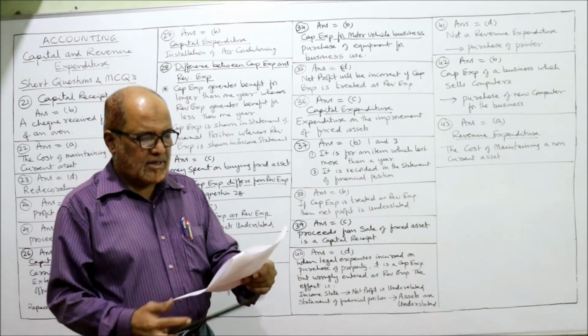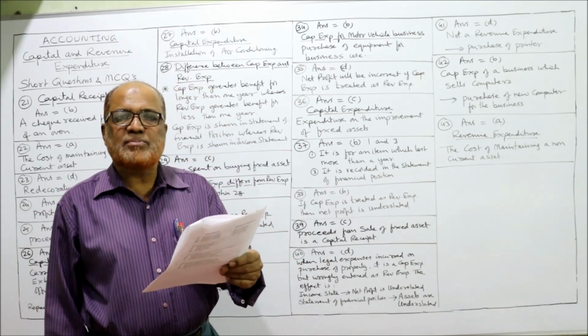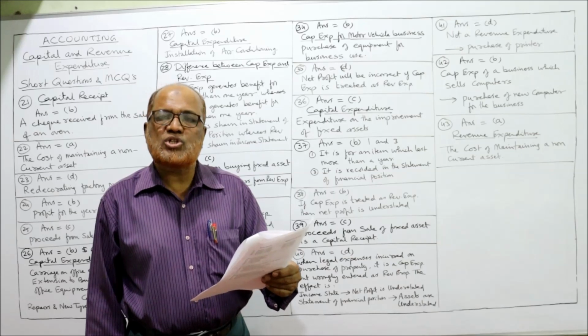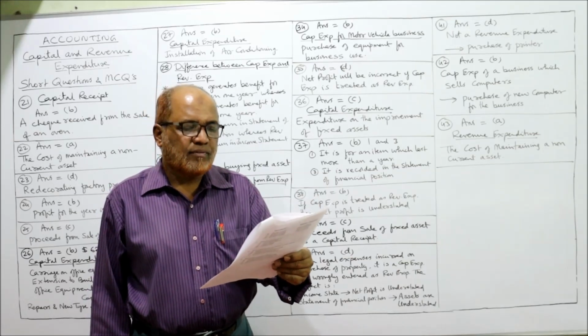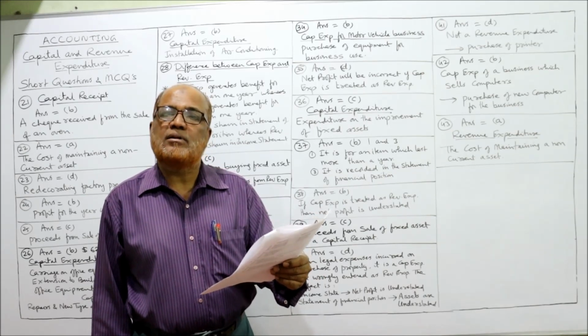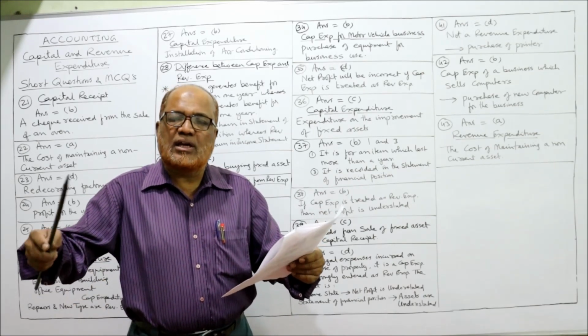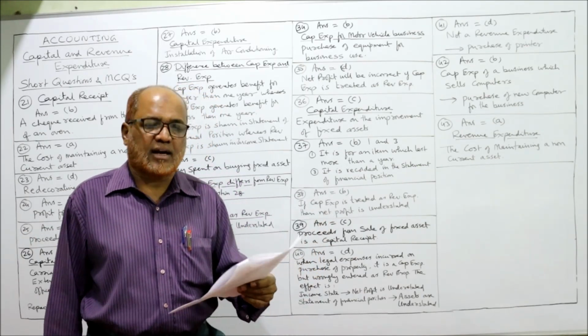Next, 37th. Which statement describes capital expenditure? 3 statements are given. Which option is correct? First, it is for an item which lasts for more than a year. Yes. When capital expenditure is incurred, it will give benefit for more than 1 year. So the first statement is correct.